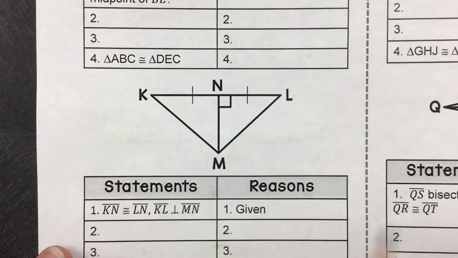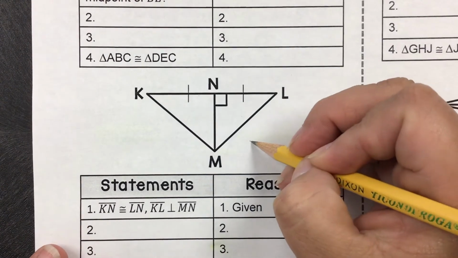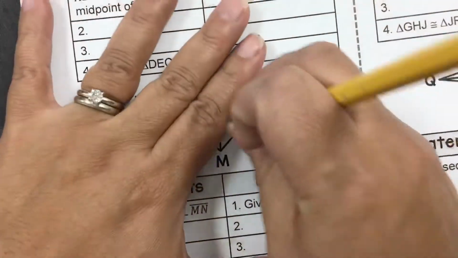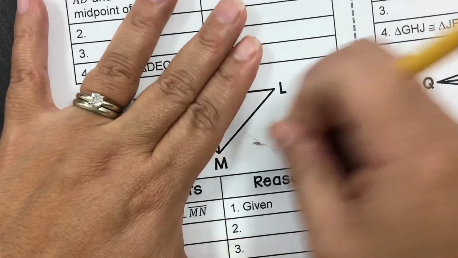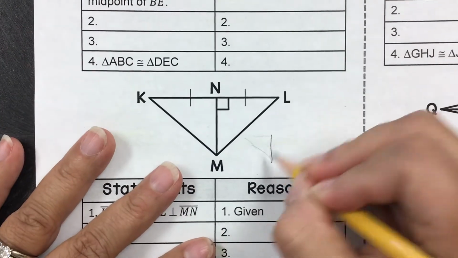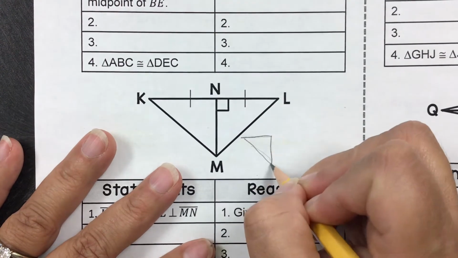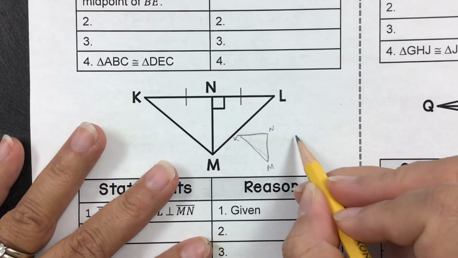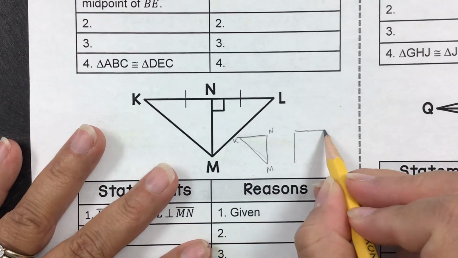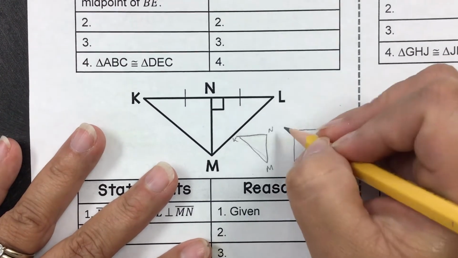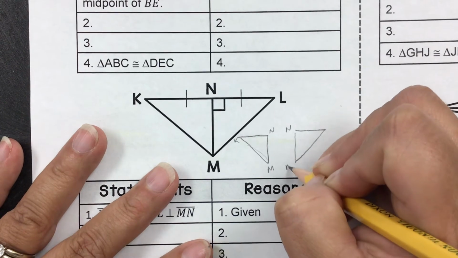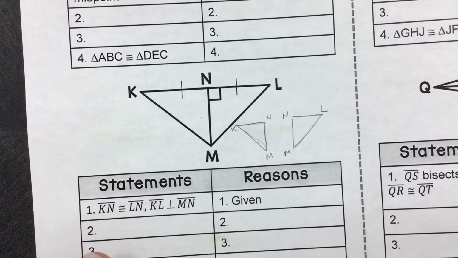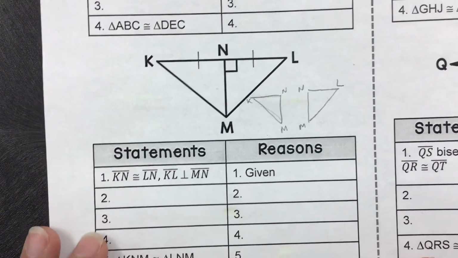On this picture, what I want you to be able to see is that you can separate this triangle, KNM, and I can separate the other triangle over here, NML. That should help you with the proof.